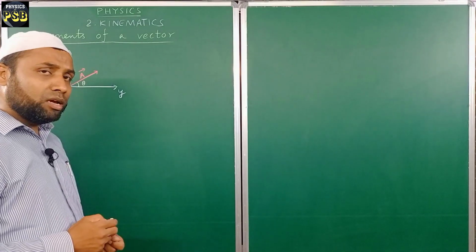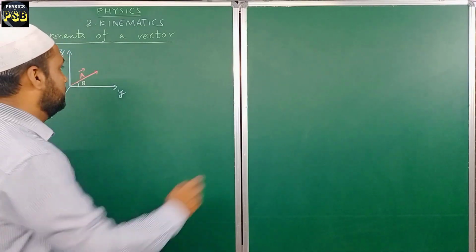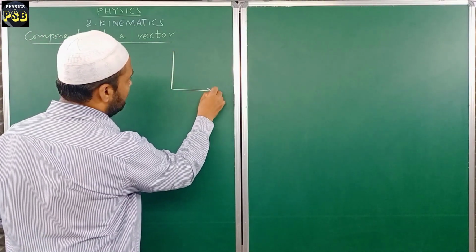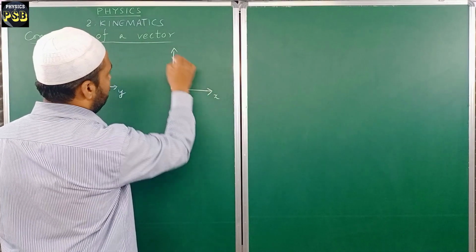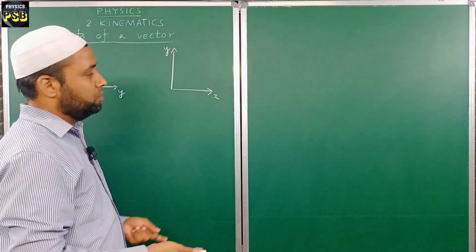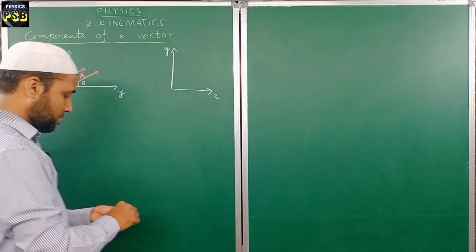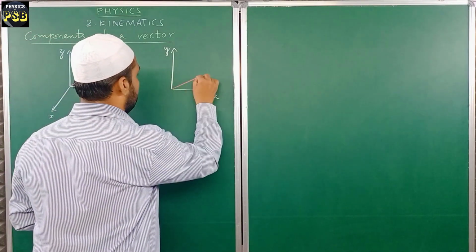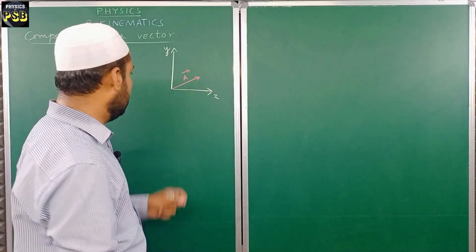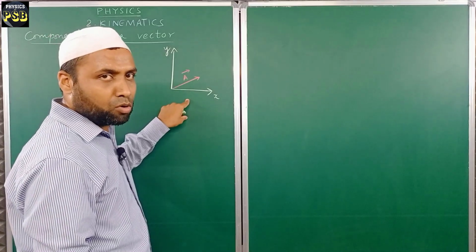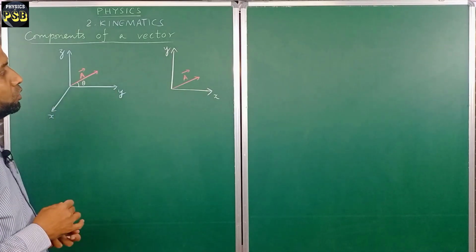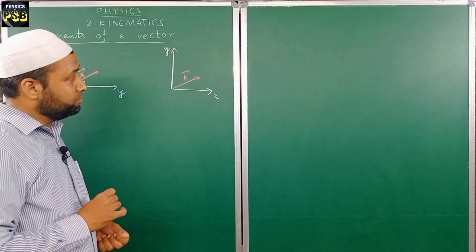Suppose I have got only a two-dimensional coordinate system, which means a coordinate system which has got only two axes, x and y, or y and z. Now we draw a line here. This again represents a vector. This is a two-dimensional coordinate system. This is a three-dimensional coordinate system.